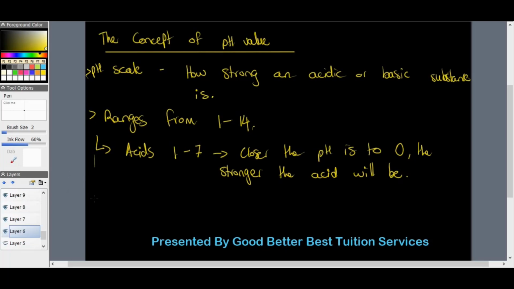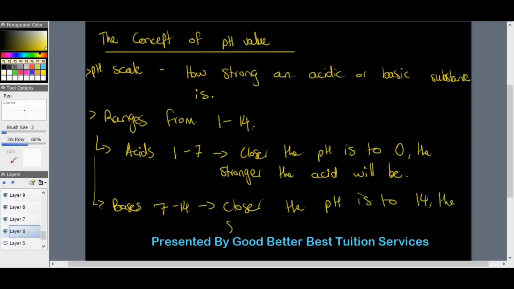Then we come further down here, and after 7 we have bases, which range from pH 7 to 14. With bases the opposite is true: the closer the pH value is to 14, the stronger the base.